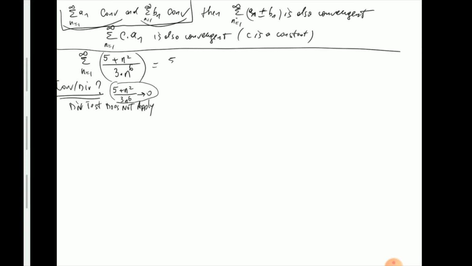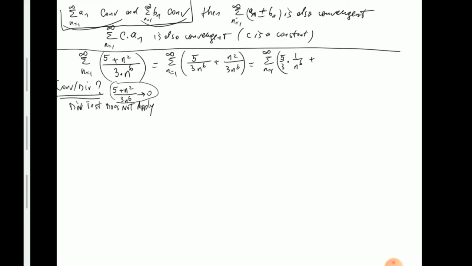Well, you got to do some algebra to see if it's made of pieces that can be analyzed separately. So obviously I can distribute the denominator. And then I do some simplifications here. So this is 5 over 3 times 1 over n to the power 6.